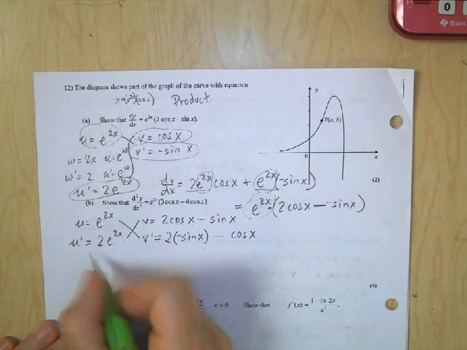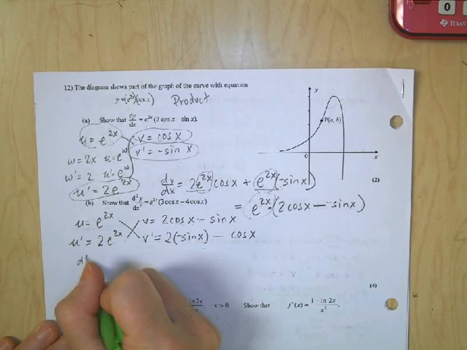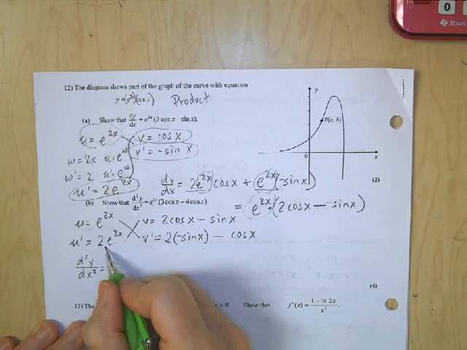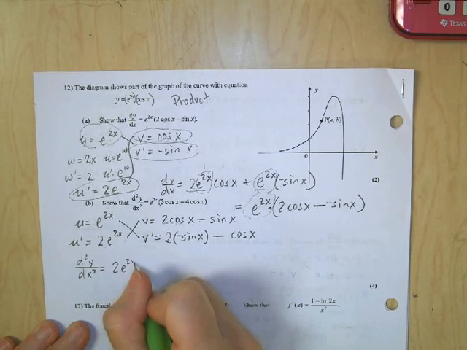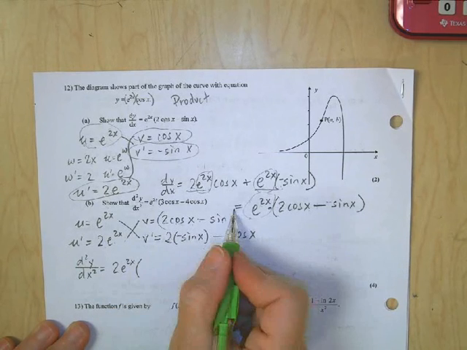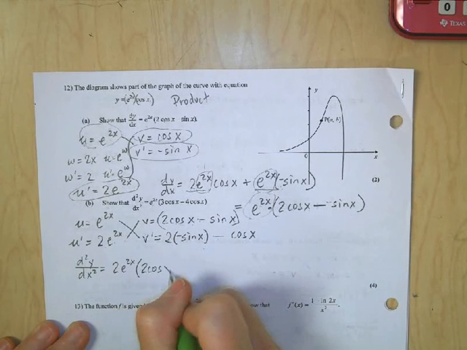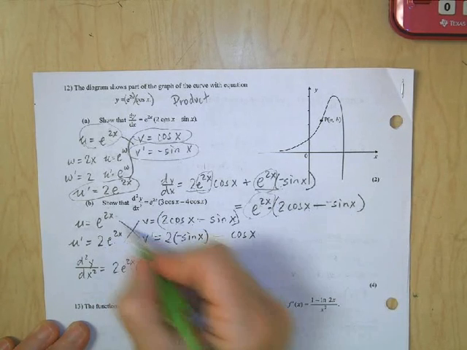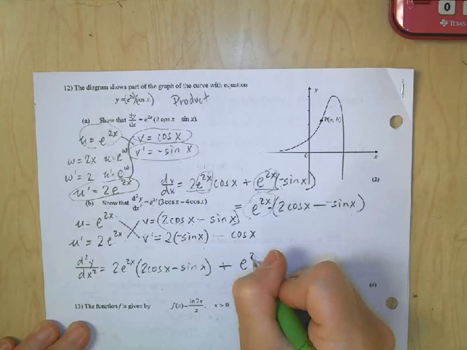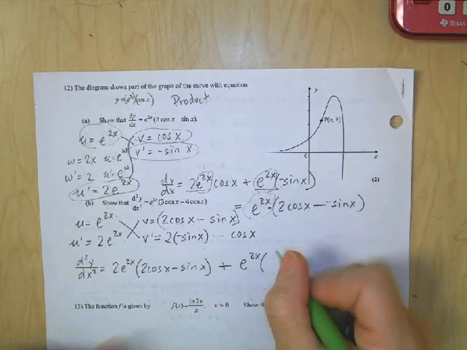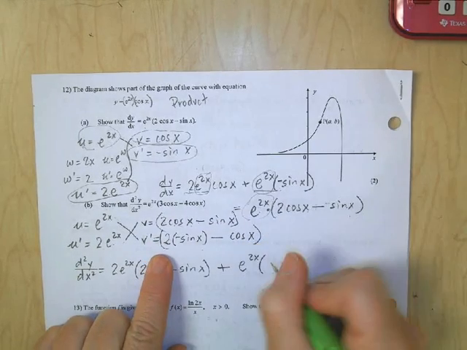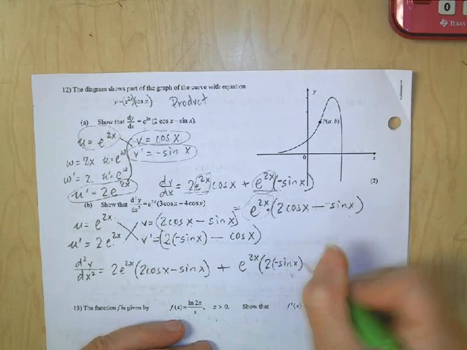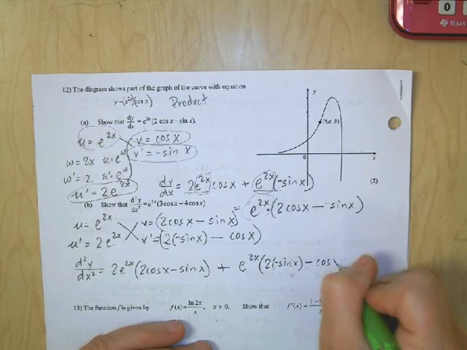So I get d2y over dx squared is equal to 2 e to the 2x times all of this, 2 cosine x minus sine x, plus, now the other one, e to the 2x times all of this, 2 times negative sine x minus cosine x.